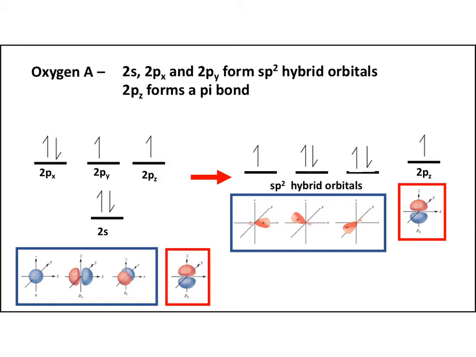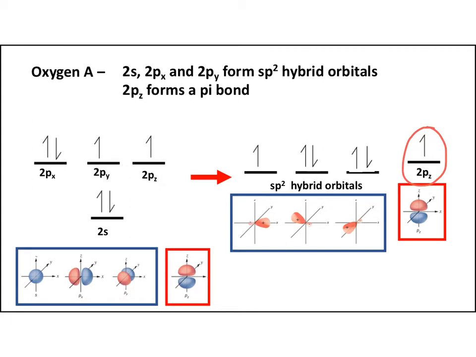Now these electrons will be mixed around to form sp2 hybrid orbitals, which will be made up of our s, our px, and our py in this case, which means our lobes will be in the xy plane, because we haven't used the pz orbital at all.